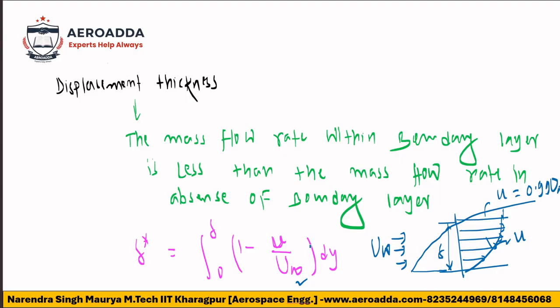Whatever deficit you get will be compensated by the displacement. The boundary layer is shifted in the upward direction by the displacement thickness to compensate the loss of mass flow. That distance by which it is shifted is called the displacement thickness. I think it is clear. That is the physical significance.